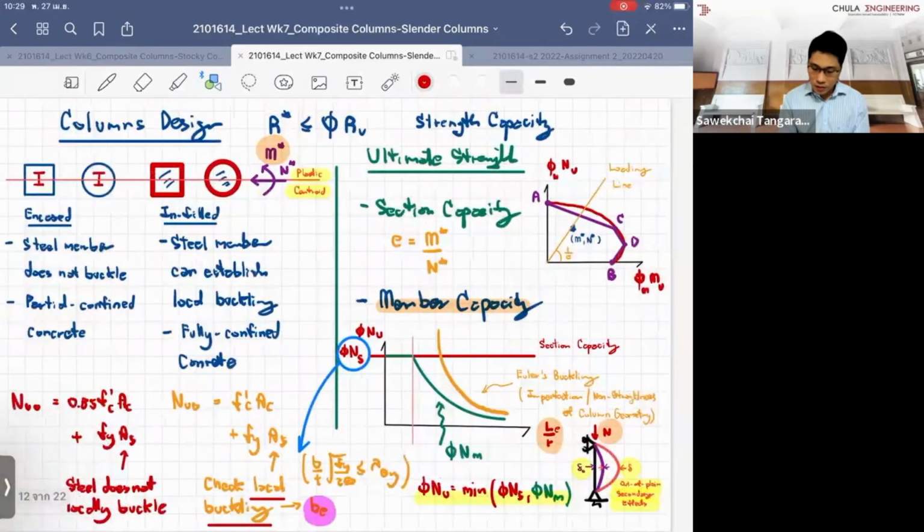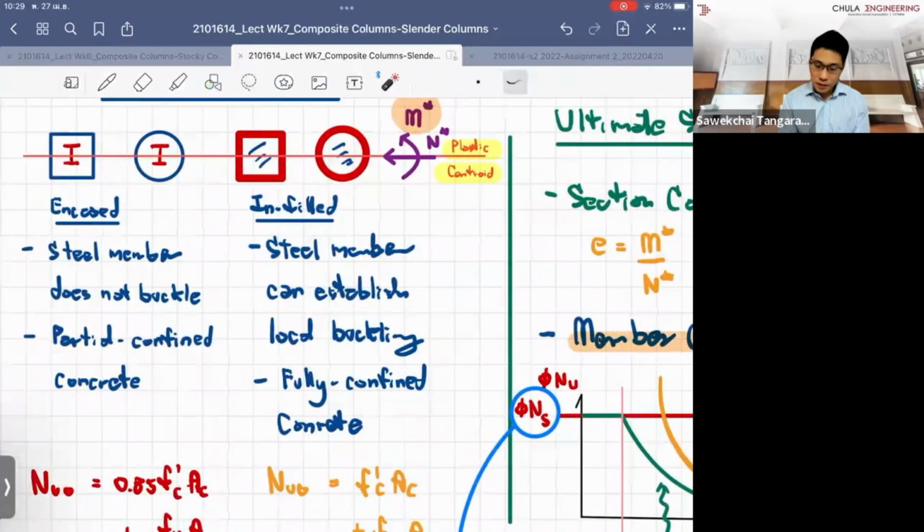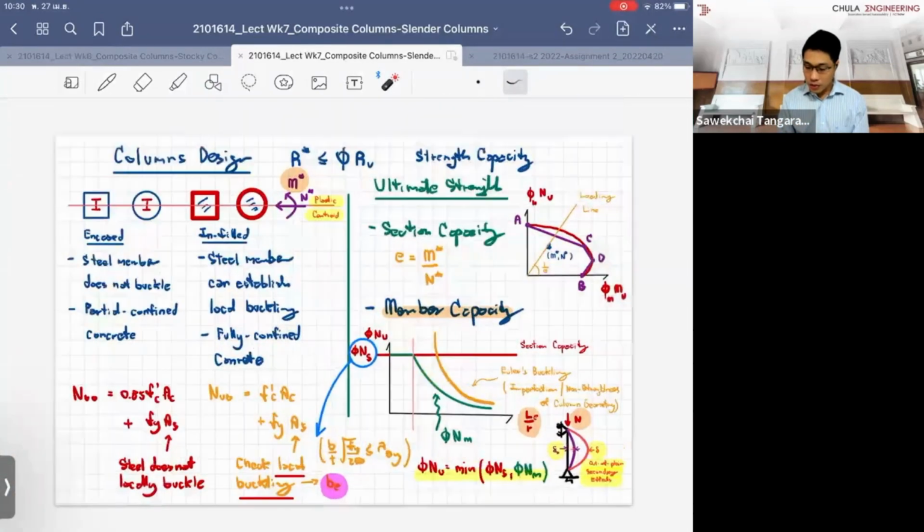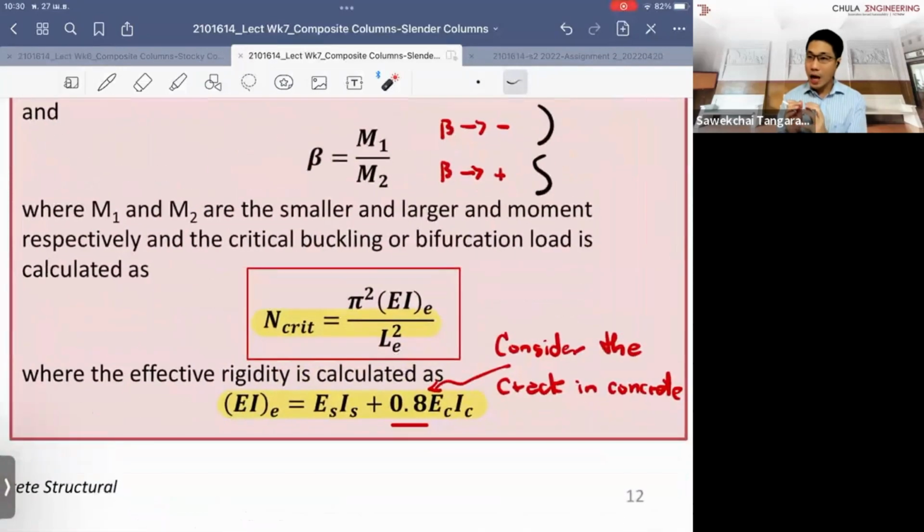Because of the composite part, it provides either a partial or full confinement to the concrete, which tries to reduce the cracking in the concrete. That's why the code suggests you use a reduction to 80%, so you just drop them by 20%. Normally we use 60% in the pure concrete, right?